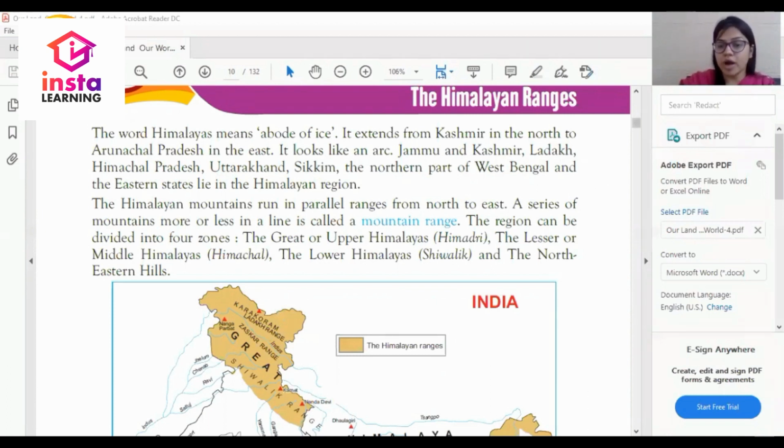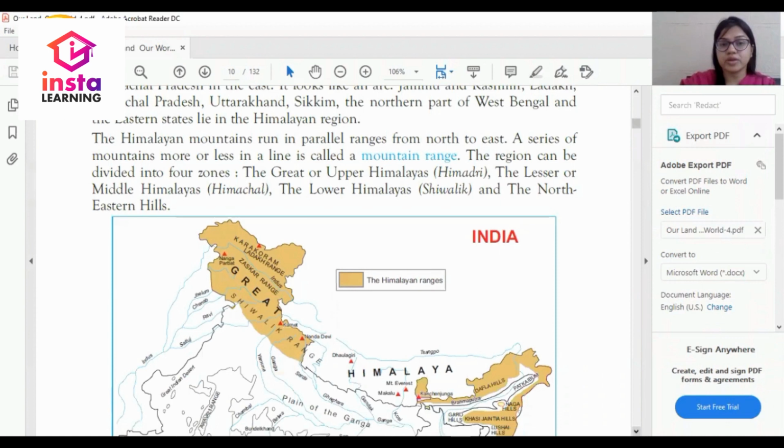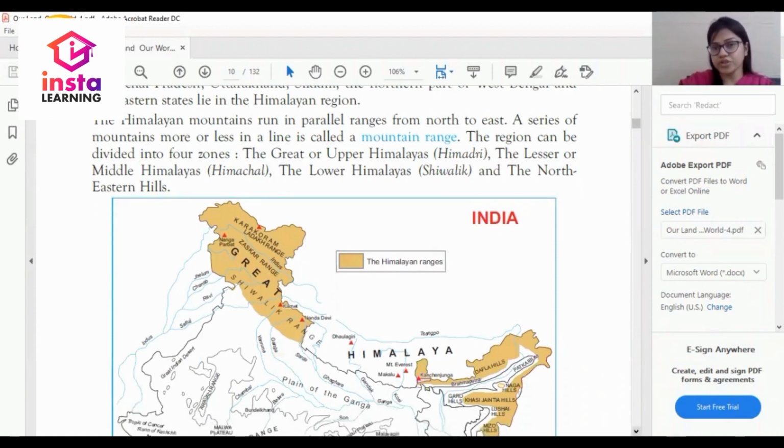The Himalayan mountains run in parallel ranges from north to east. A series of mountains more or less in a line is called a mountain range. The region can be divided into 4 zones. The Great or Upper Himalayas, also called Himadri.